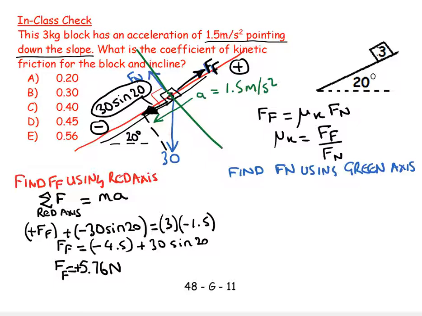And for that I need to resolve my forces, and so I get this force here, which is 30 sine 20, and the other component, which is 30 cosine 20.